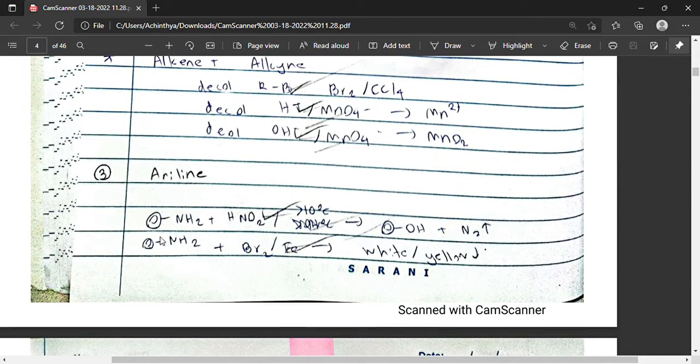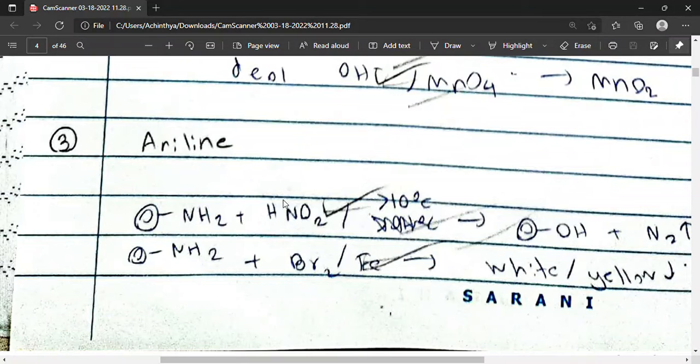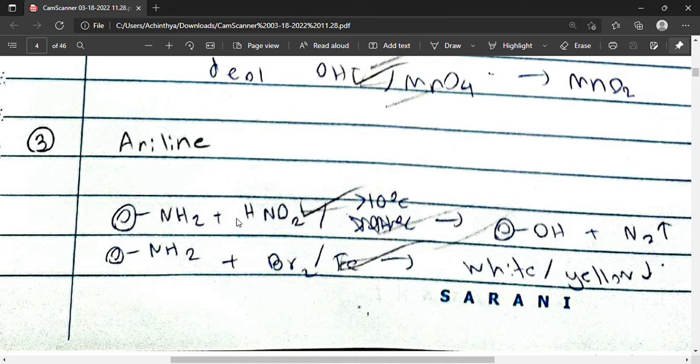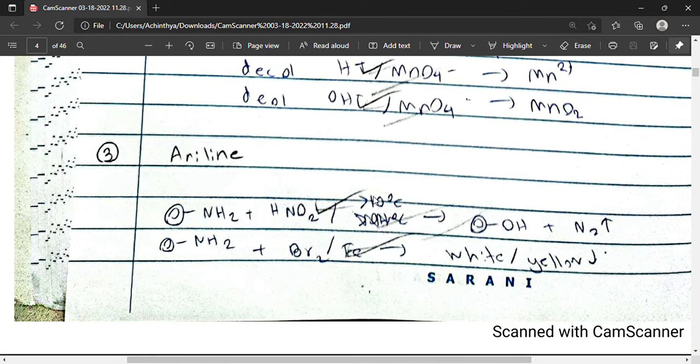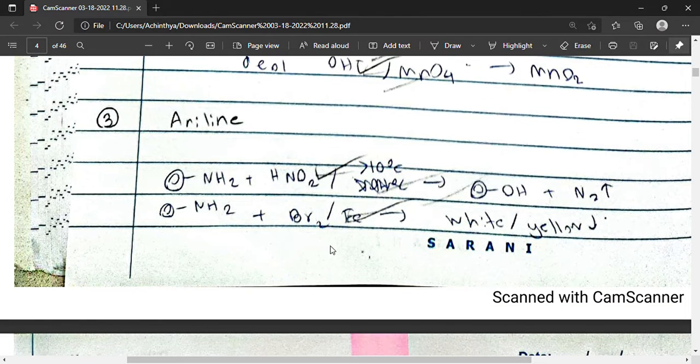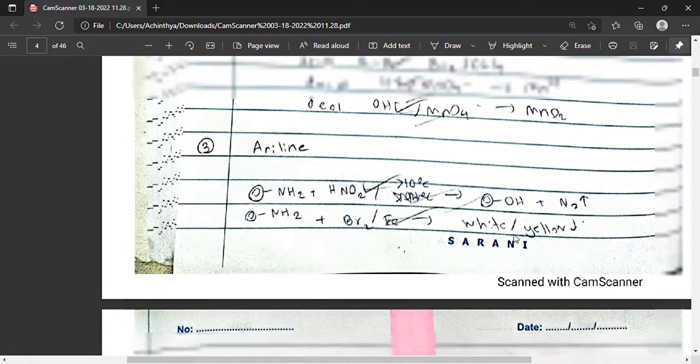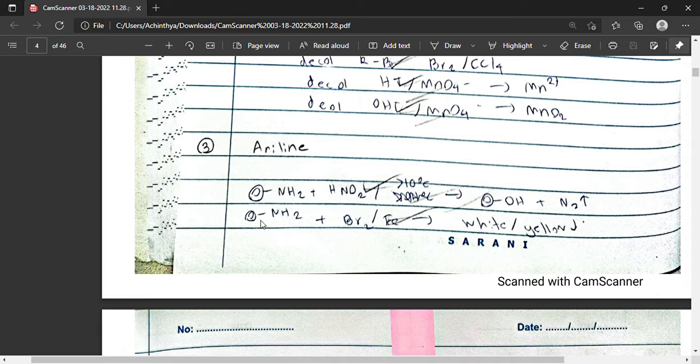This is aniline. Aniline can react with HNO2 nitrous acid above 10 Celsius to form phenol and evolve nitrogen. The evolving nitrogen part is what makes this identification possible. We can also use Br2/Fe and observe a white yellow precipitate with aniline as well.